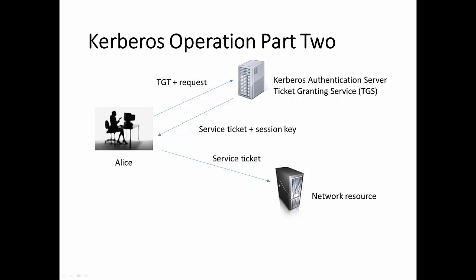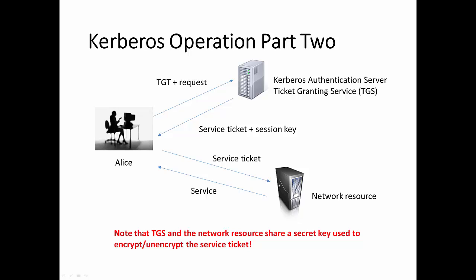So when the network resource starts to communicate with Alice, it will use the same session key Alice received originally, so that Alice is the only one who can decrypt it, and that's how Alice is able to use the network resource. So as you can see, the service is going back to Alice. However, everything in between Alice and the network resource will be encrypted using the session key Alice originally received from the ticket granting service.